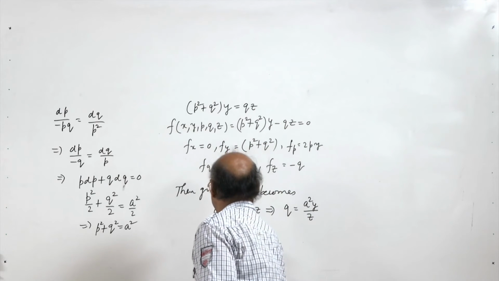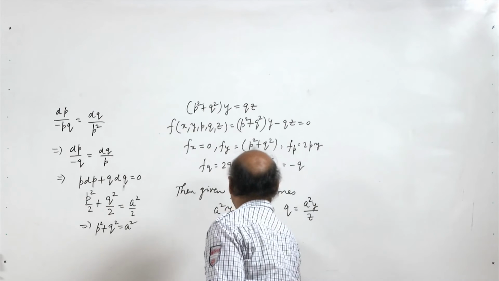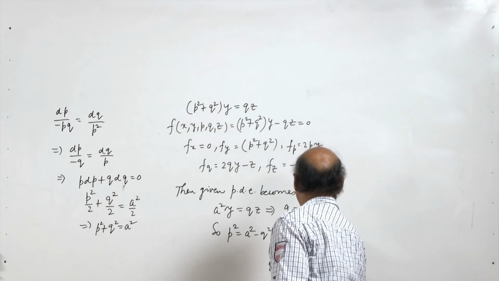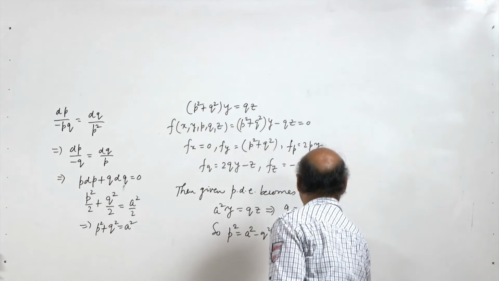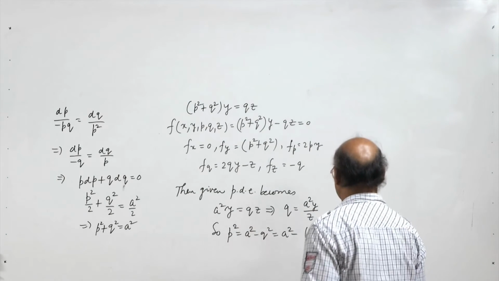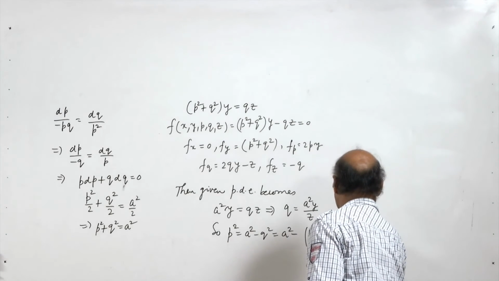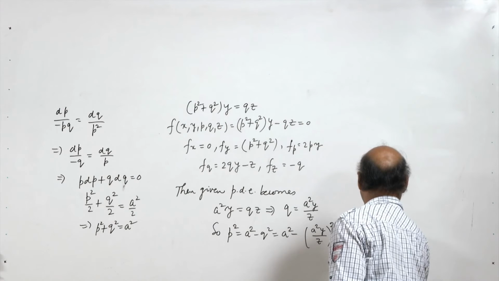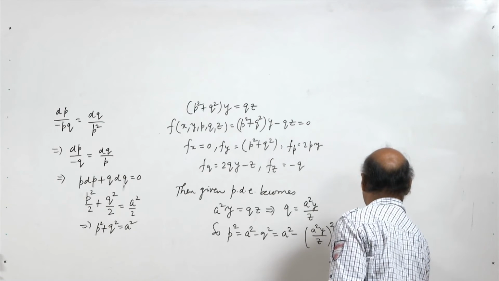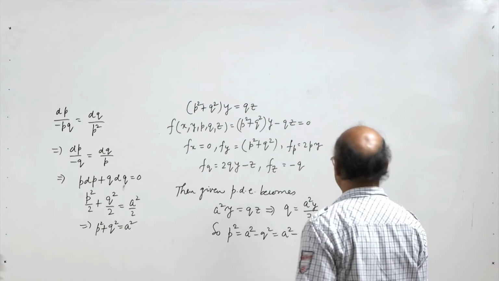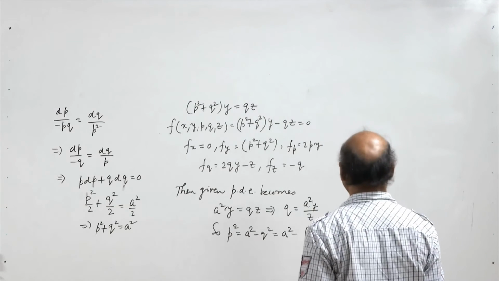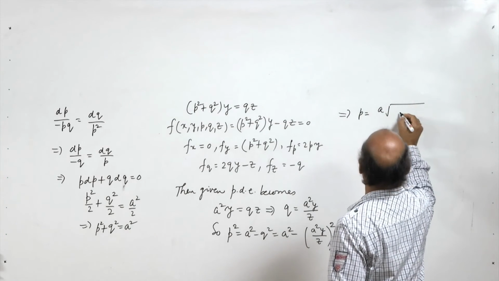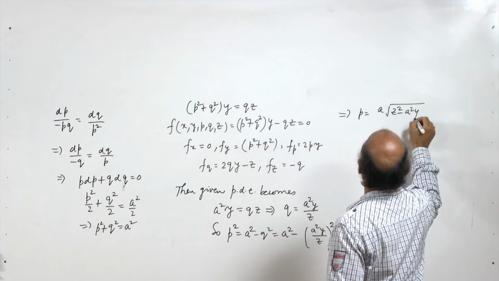And so p square is equal to a square minus q square, which gives a square minus (a square y divided by z) whole square. So this is a square times (z square minus a square y square) divided by z square, and this implies p is equal to a times under root (z square minus a square y square) divided by z.